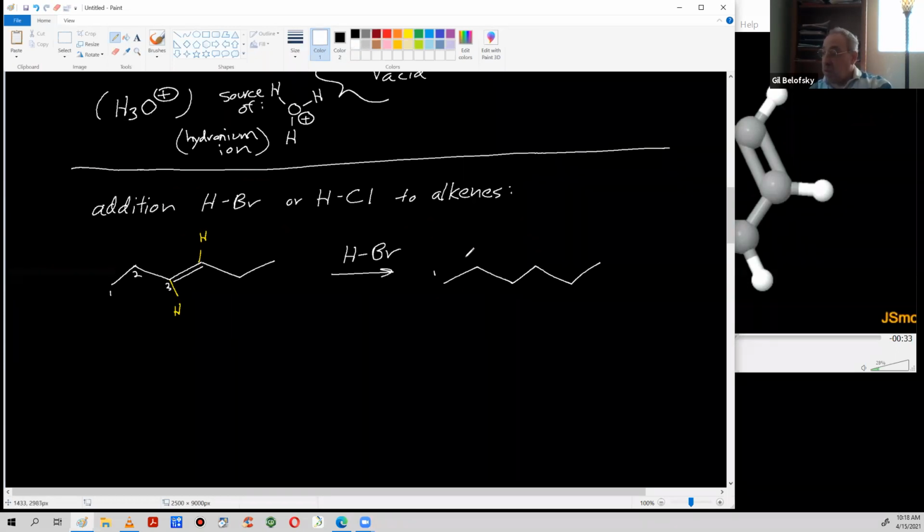And so not to lose track of where we were, the hydrogens that were there are still there. And we add a hydrogen to one and a bromine to the other. So we've added HBr across what was the double bond. Likewise, if this was a chlorine, you could add HCl across the double bond.